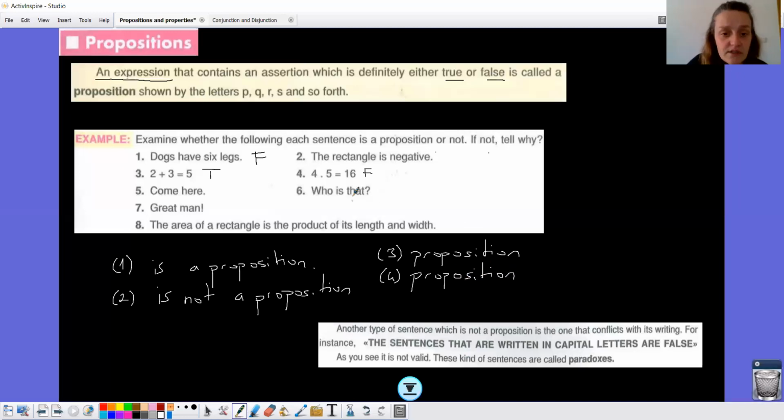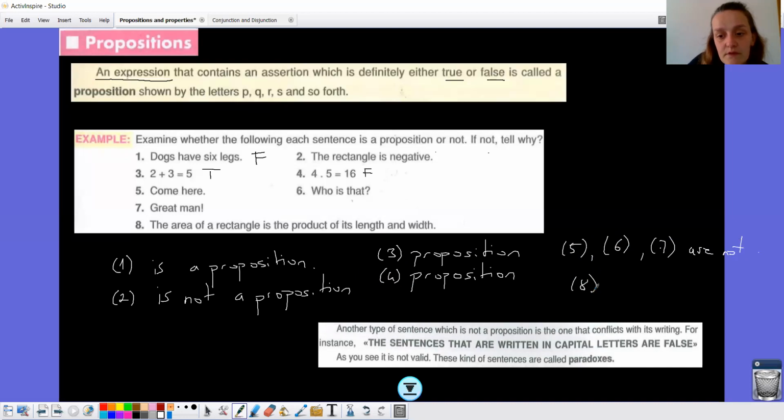It is a question, it's not a proposition. And the seventh one is not a proposition. The eighth one is a proposition. Okay. So did we understand? Yes. So the fifth one, let me write here. Fifth one, sixth one, and seventh one are not.